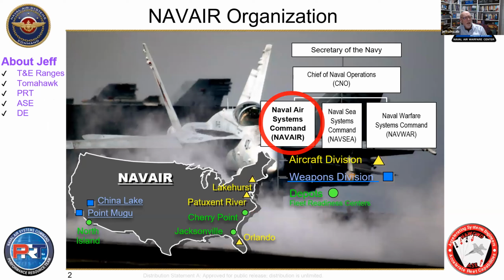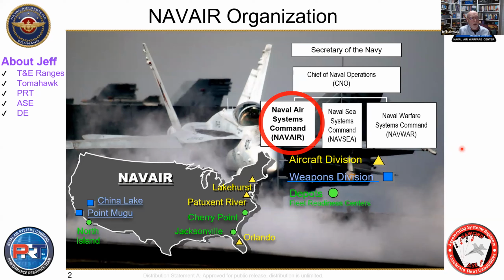So first, a couple of slides. I'll very quickly give you a background for myself, and then we'll do the same for Will. I've been in the NavAir organization, as you can see, for almost 40 years, a long time. And so I have a real attachment to the Navy and the air part of the Navy and the weapons systems, and trying to make those successful has always been a passion for me, and it continues to be.